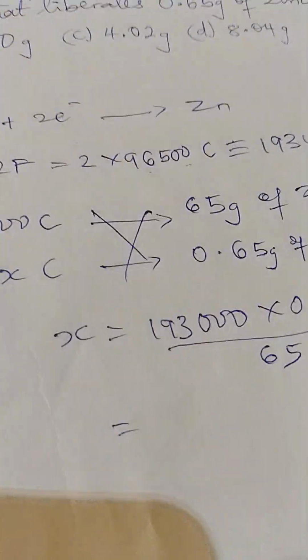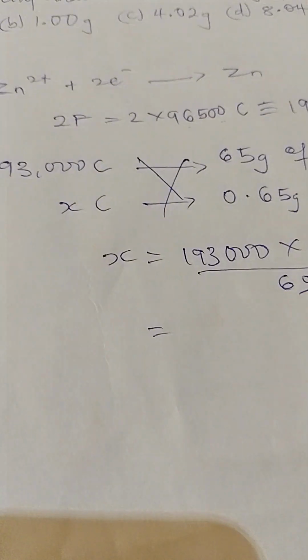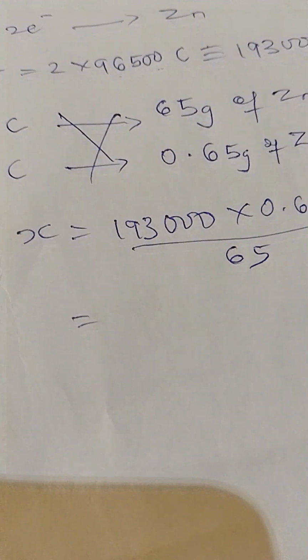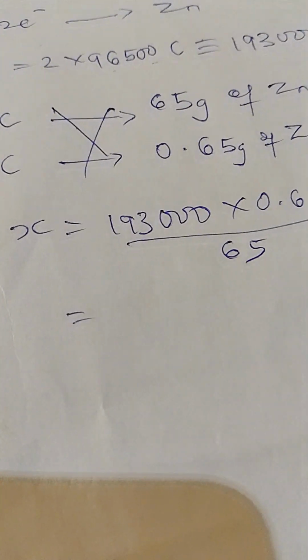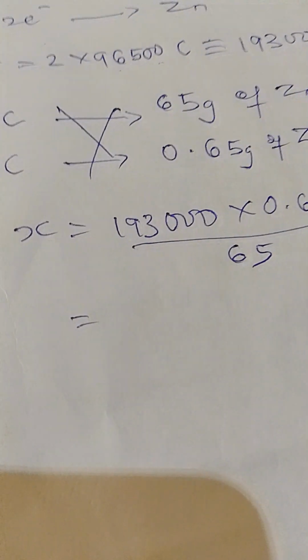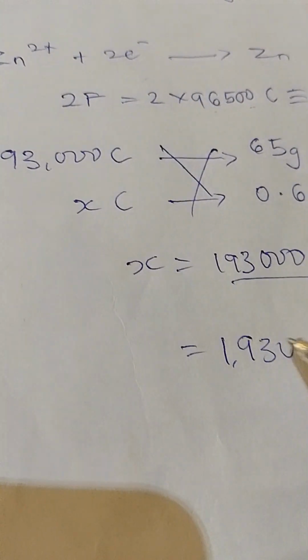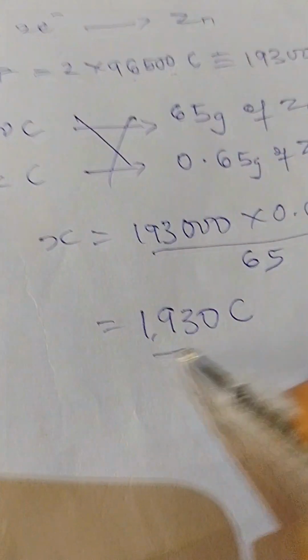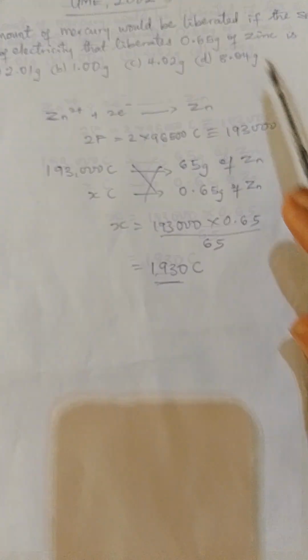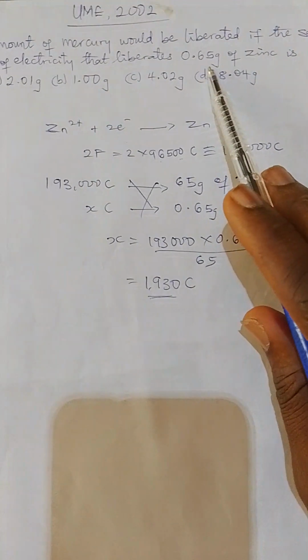If you punch it with your calculator, which I'm going to do now, that will give us 1,930 coulombs. That means 1,930 coulombs was the quantity of electricity used to liberate 0.65 gram of zinc.